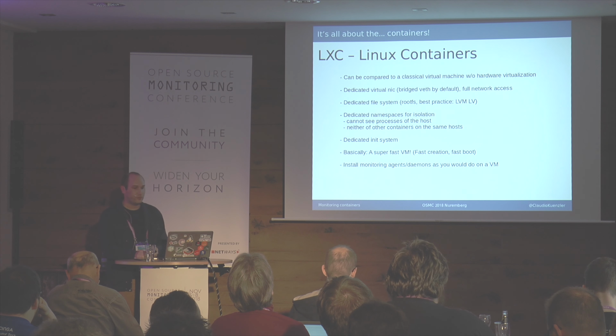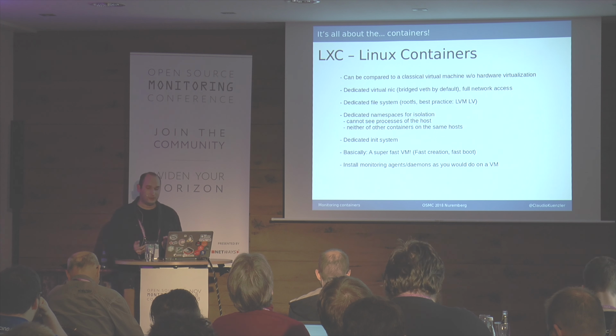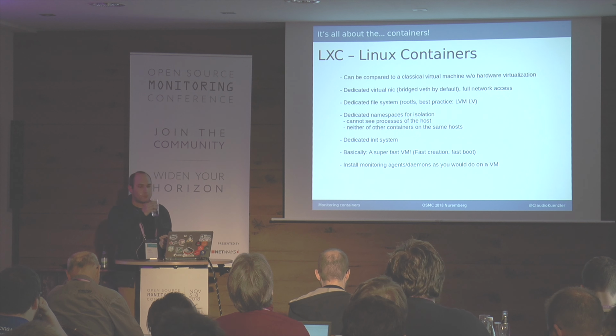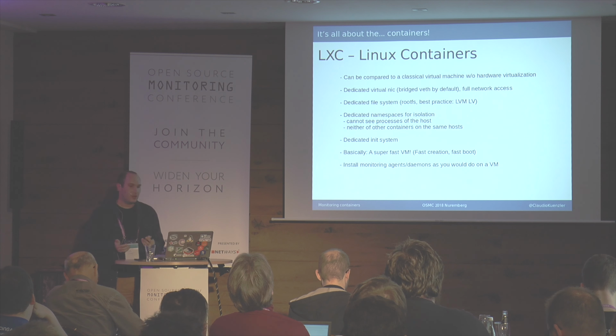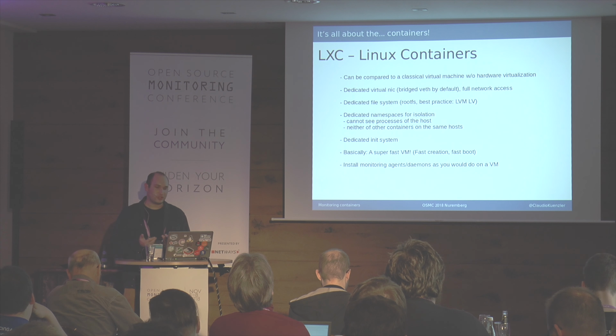And we usually have the full network access. So what you usually do is you attach your LXC container right into your existing network, so into your existing subnet or wherever you would just plug your machine, like a virtual machine actually.